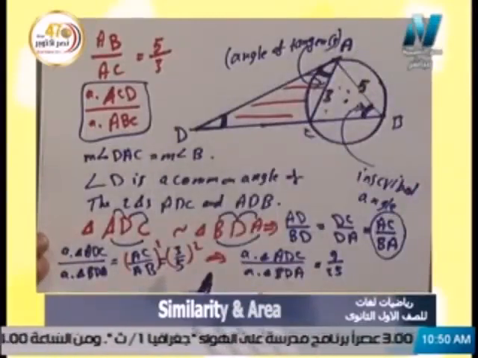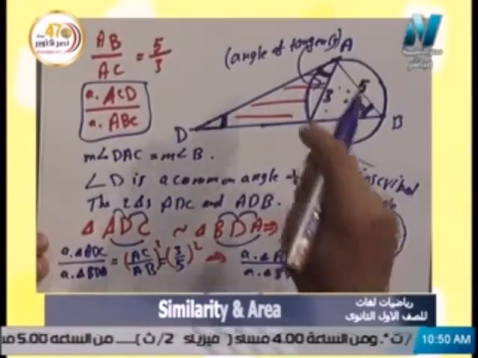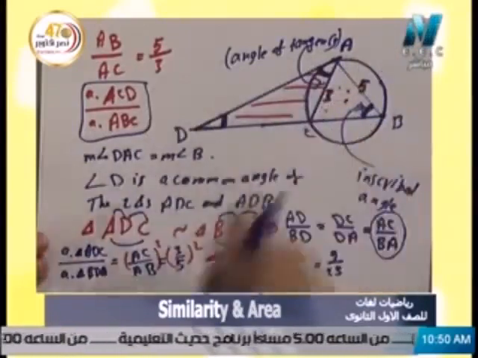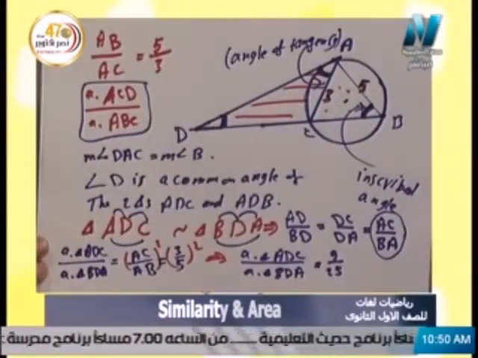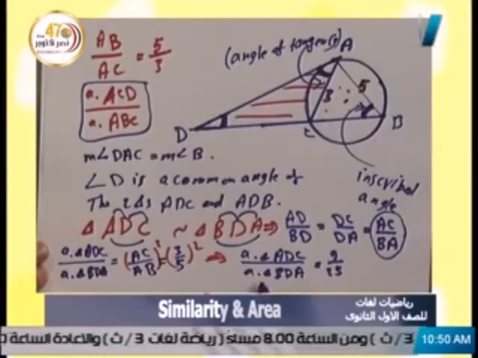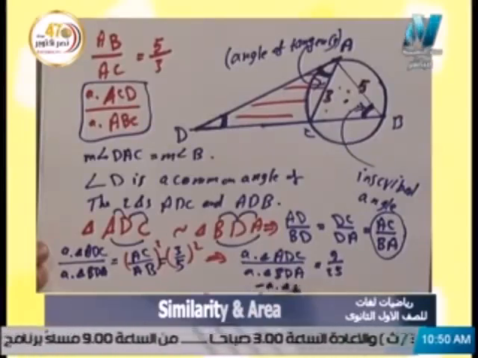So we must subtract the area of triangle ACD from the whole triangle to get the triangle ABC. Where is the triangle ADB? This one. And we must subtract the area of triangle ADC.